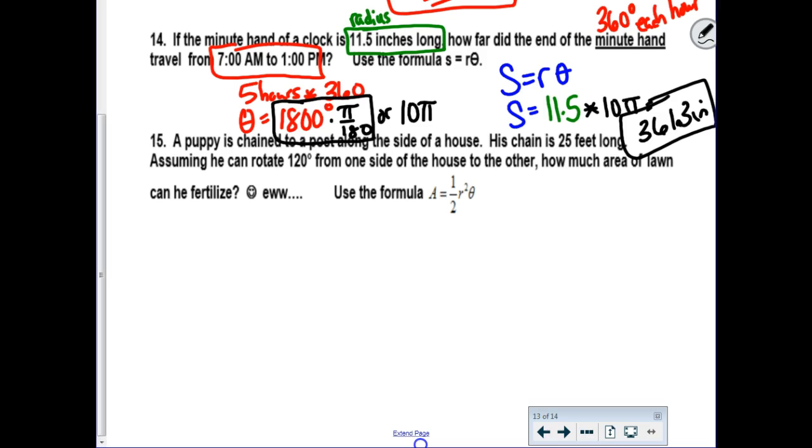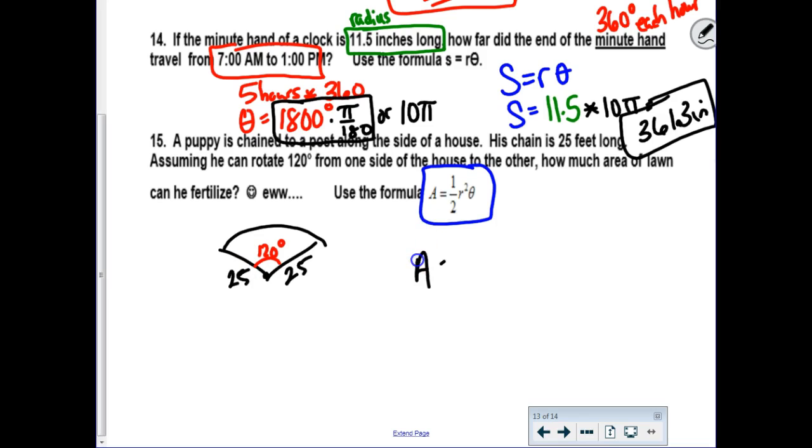All right, and then this last question I love. You know, it's an area question. They give you the formula right here in the question. His chain is 25 feet long, so you can run out 25 feet. That's the radius. And the angle that he can rotate is 120 degrees. So that's kind of the problem right there. You can't call theta 120 degrees. In this formula, and the other one, theta has to be in radians.